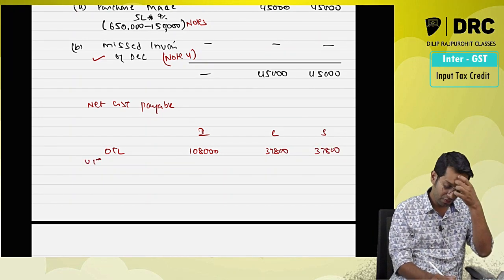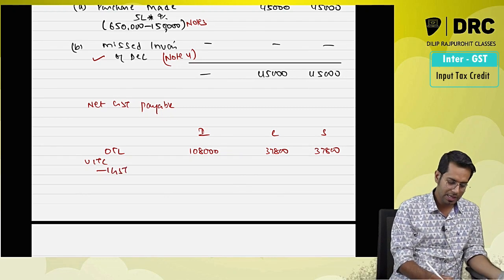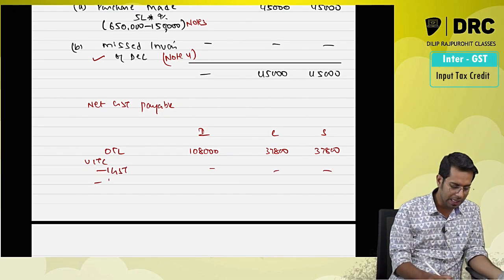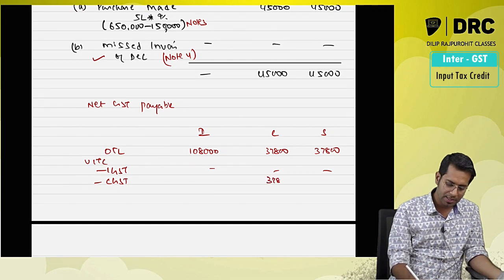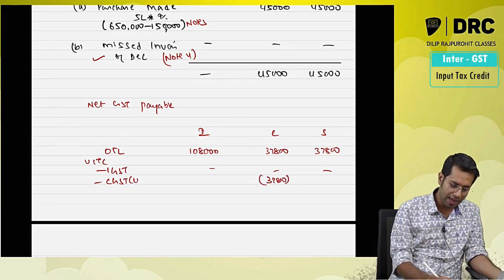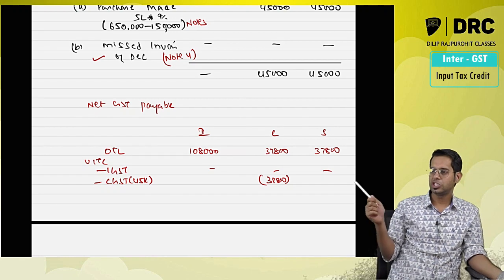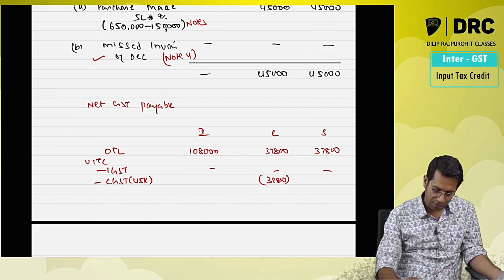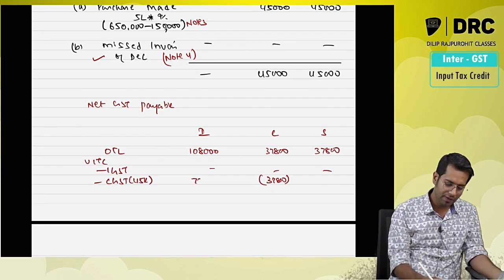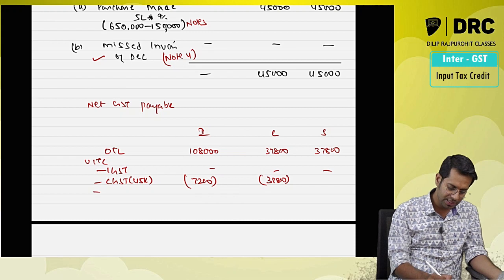Then utilization of input tax credit. IGST, I don't have any credit. CGST, first I will give it to CGST. 45,000 is what I have, but I have to pay CGST only 37,800. I will give 37,800. Whatever is left over, 45,000 minus 37,800, 7,200, I will give it to IGST.